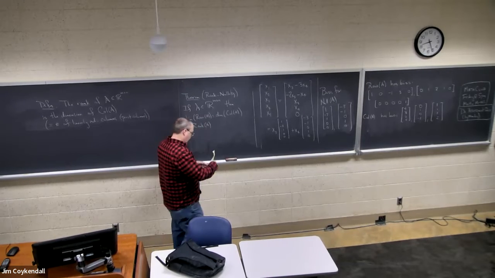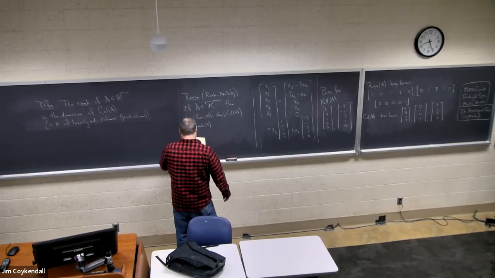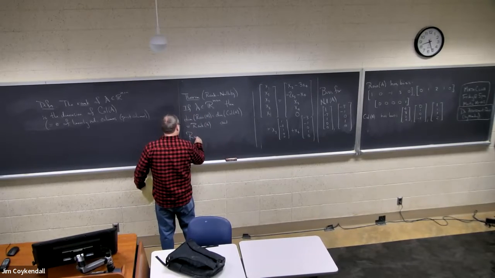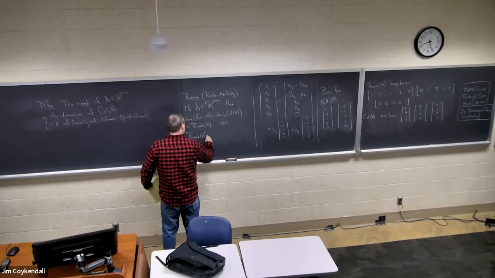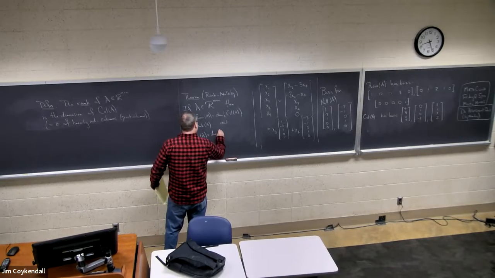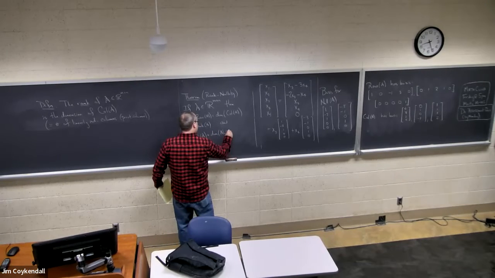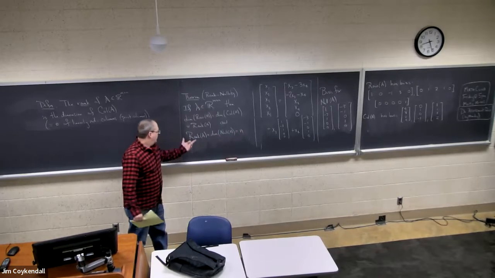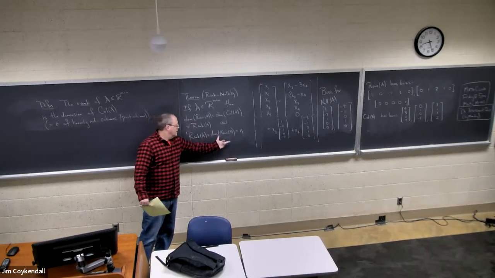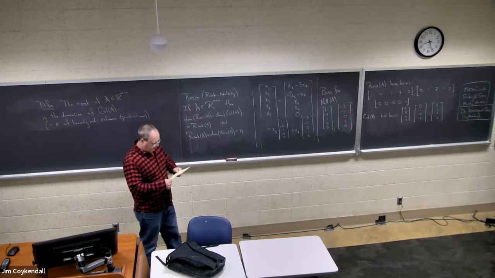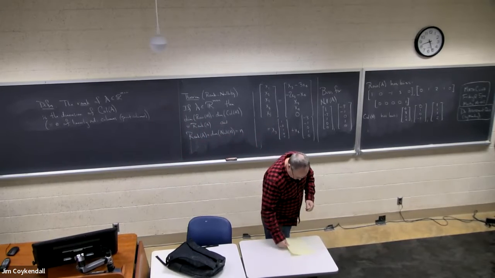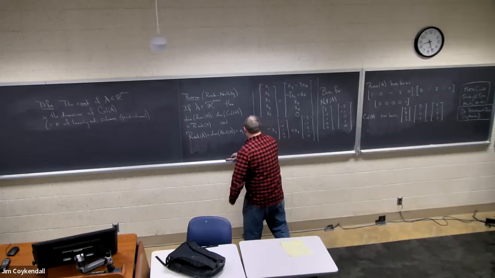The dimensions of column and row space are the same. And here's the rank nullity part. The rank of A plus the dimension of the null space of A is equal to the number of columns of the matrix.